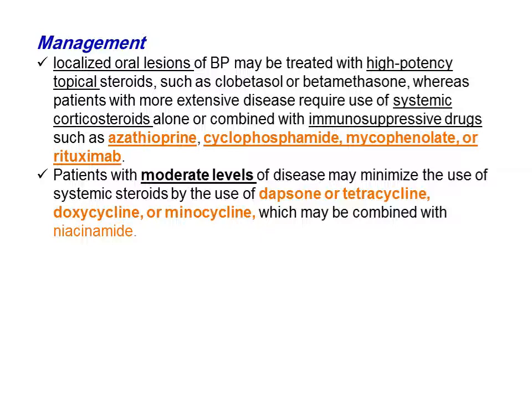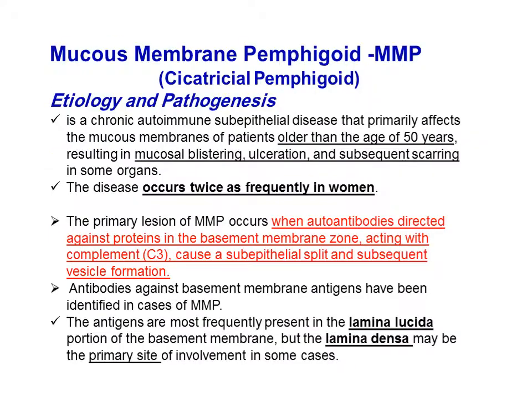Patients with a moderate level of disease may minimize the use of systemic steroid by using dapsone or tetracycline, doxycycline, or minocycline, which may be combined with niacinamide.